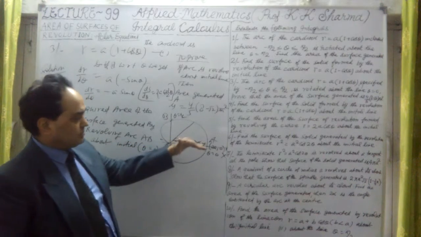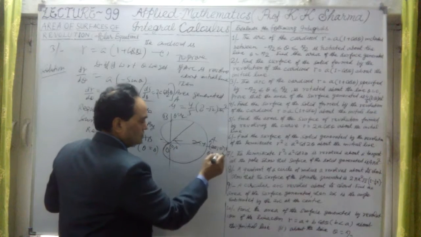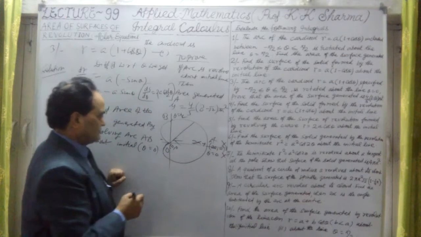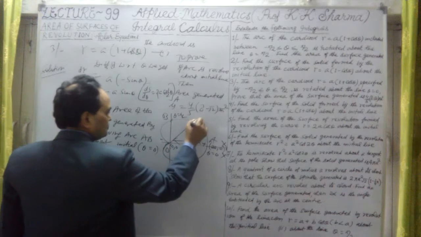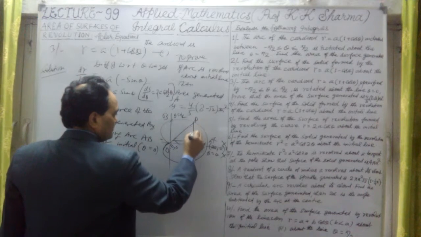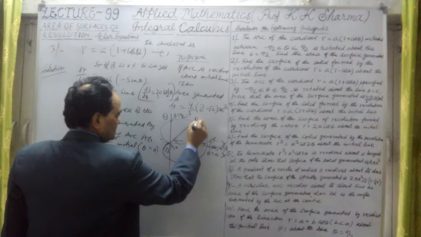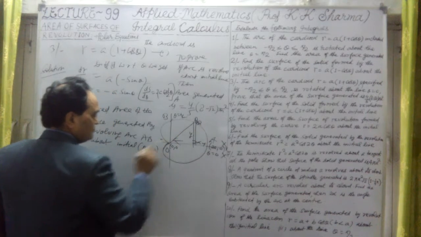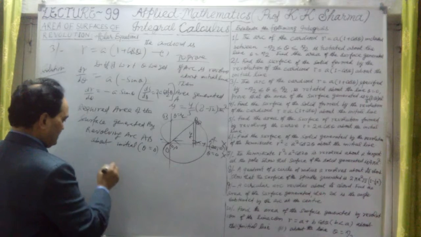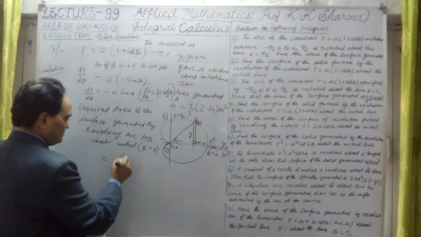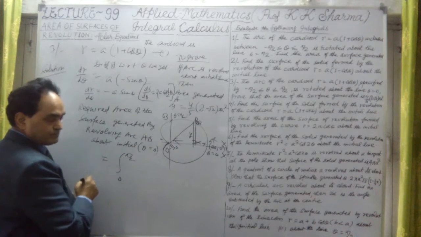About this initial line, this is O, which we take here as OX. This is the point P we have taken. If I draw a perpendicular, this is PQ, this is delta S here, and this is y here. So again, the limits here will be 0 to pi by 2, simple, 0 to pi by 2.